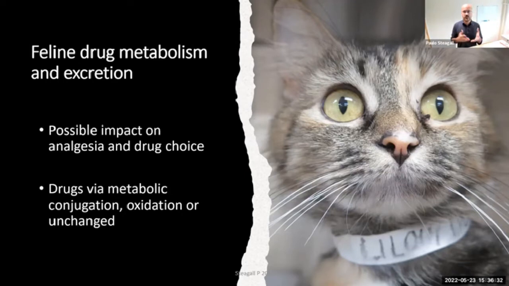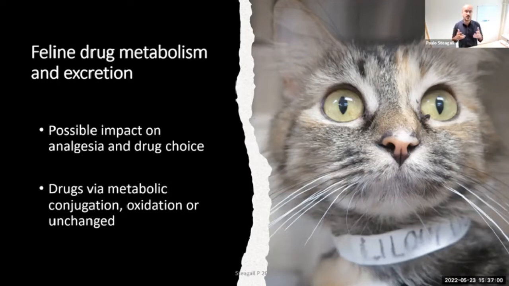So if we think about the drugs that can be metabolized by conjugation, oxidation, or excreted unchanged, we could think about these three different groups. If we start with the first one, the drugs that are metabolized by conjugation, that will include the group that goes through glucuronidation. We know that these drugs will be excreted more slowly in cats than in dogs or even humans, for example.